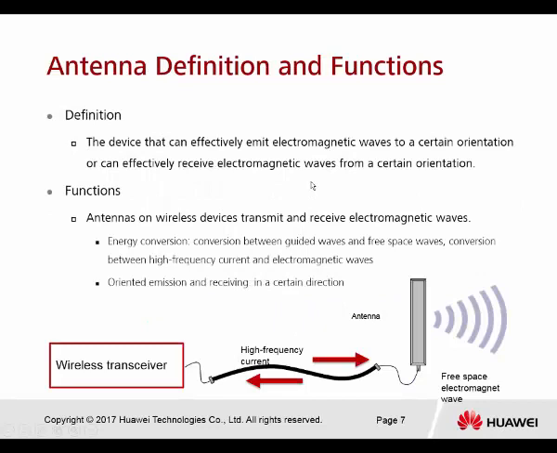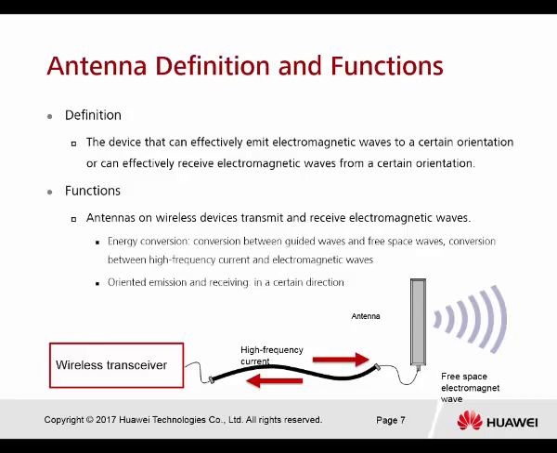Antenna definition and function. It is a device that can effectively emit electromagnetic waves in a certain orientation, or effectively receive electromagnetic waves from a certain orientation.